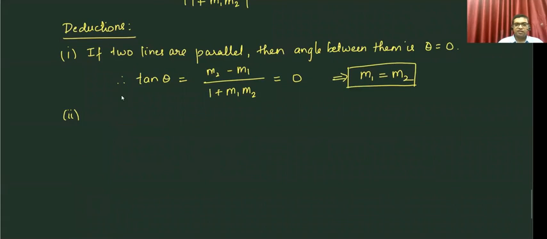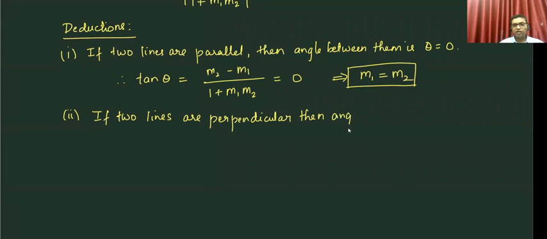All right, now if two lines are perpendicular, then the angle between them is 90 degrees.